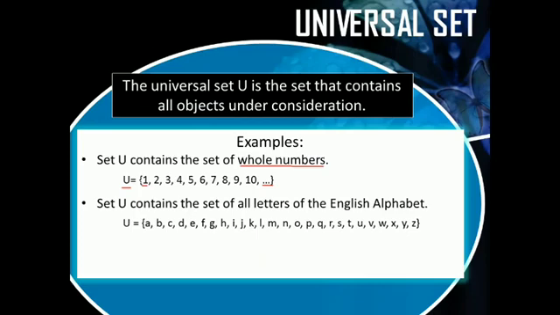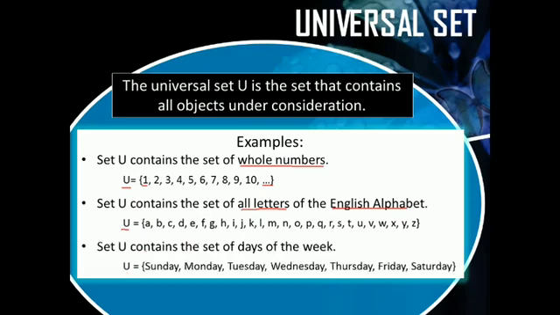Next, we have set U contains the set of all letters of the English alphabet. So set U has the elements A up to Z. There are 26 elements here. It is complete. That is why it is called a universal set U. And then we have the third example.